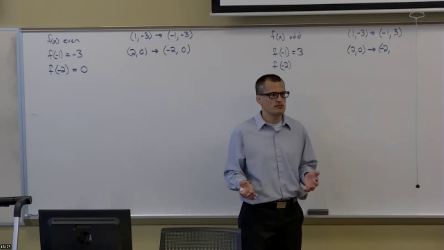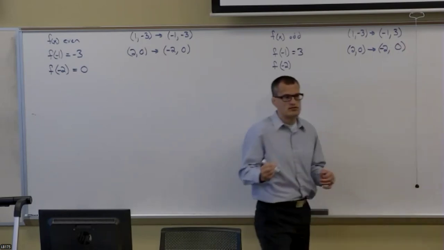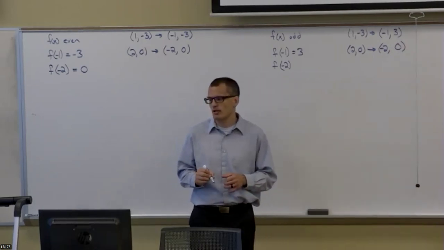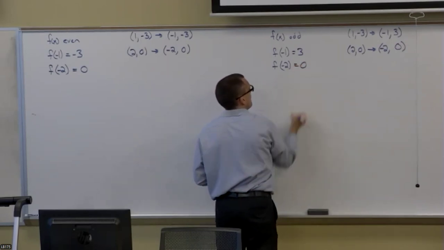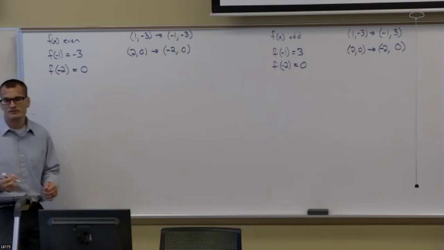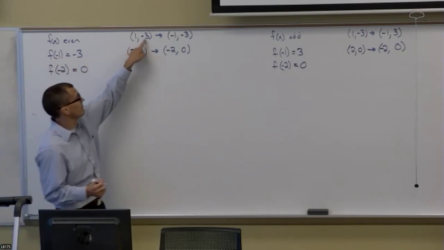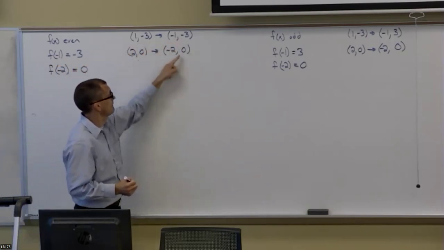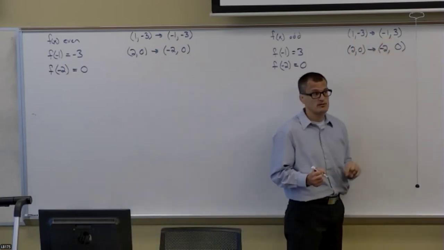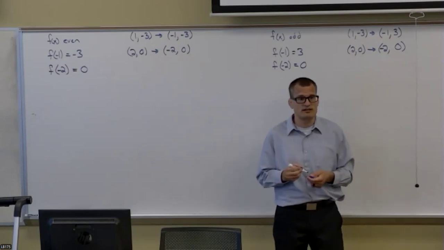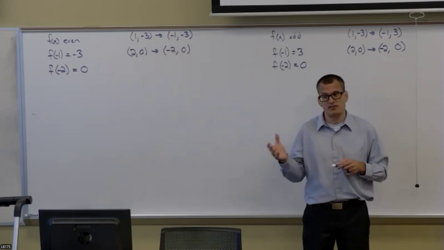Technically it's negative 0, but 0 is neither positive nor negative, so applying a negative sign to 0 gives me 0. Weirdly enough, that's what happens. So with even functions, when you plug in negatives, you get the same y values. With odds, you get the negative of the y values. And the one weird spot is 0, because you plug in a positive 0 or negative 0, and that's the same number.